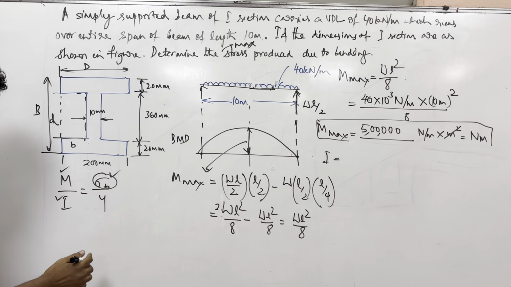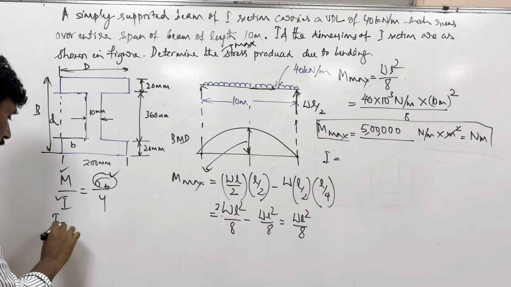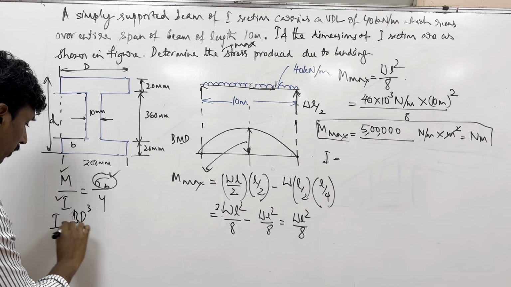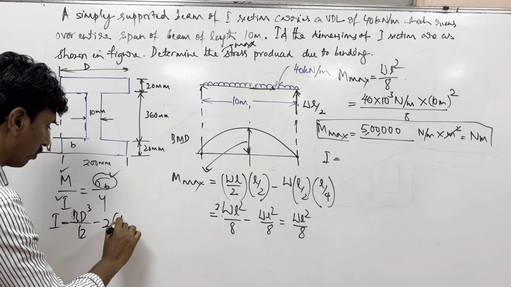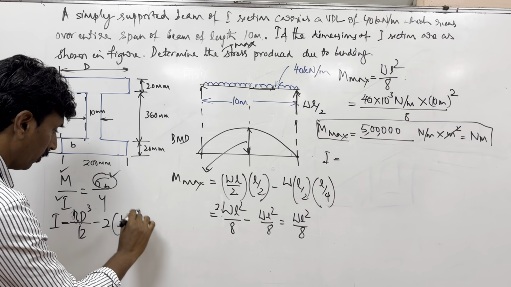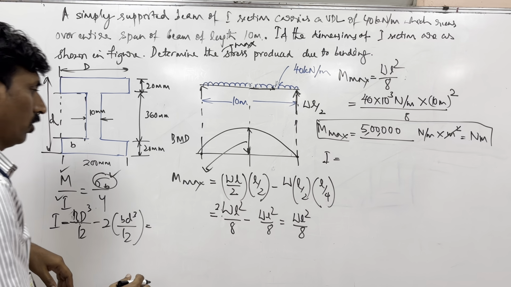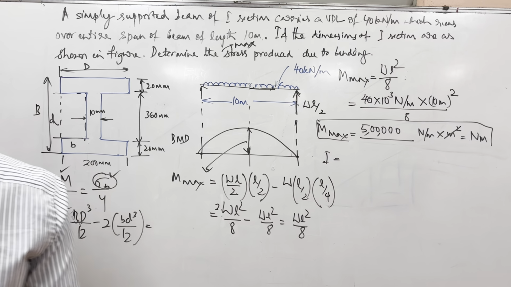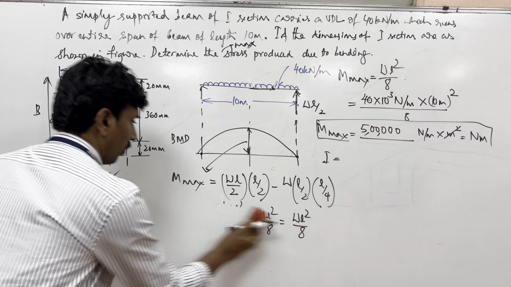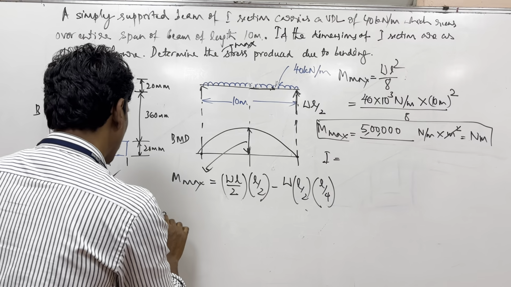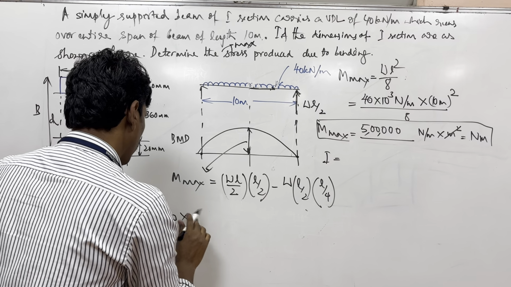So I is equal to capital B D cube by 12 minus 2 into small b d cube by 12. So capital B is how much? 200 mm.